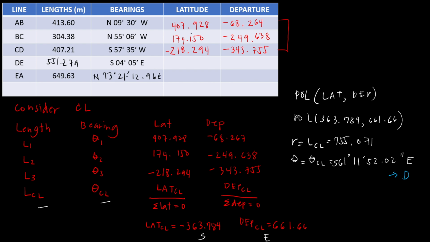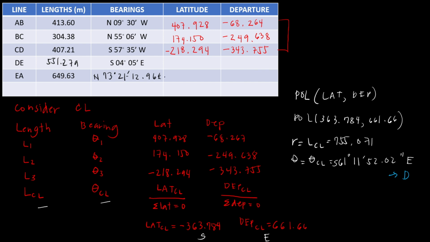So, dito, kumpletuhin lang natin ito. Mode complex. Kunin natin yung latitude and departure ng line DE and line EA. So, that is 551.279 and then 4 degrees 5 minutes.